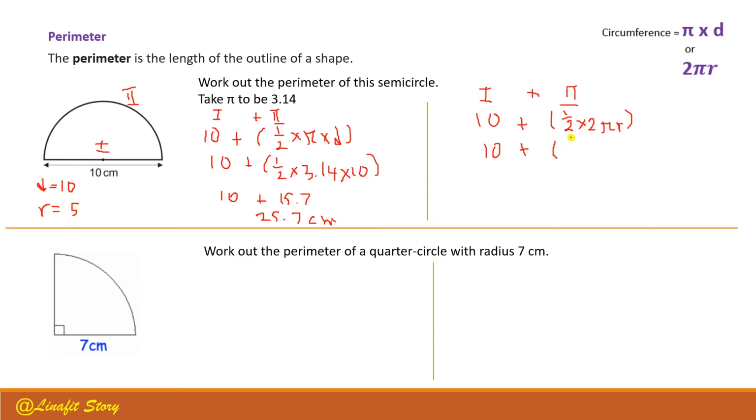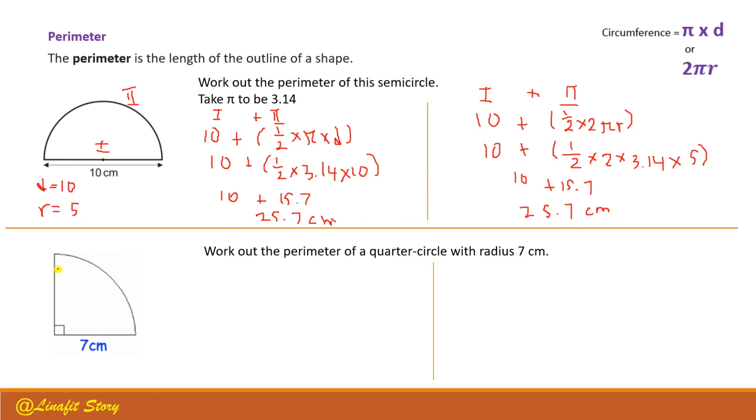So to get the length of the semicircle is 1/2 times 2 times 3.14 times 5. 10 plus 15.7 is equal to 25.7 cm.